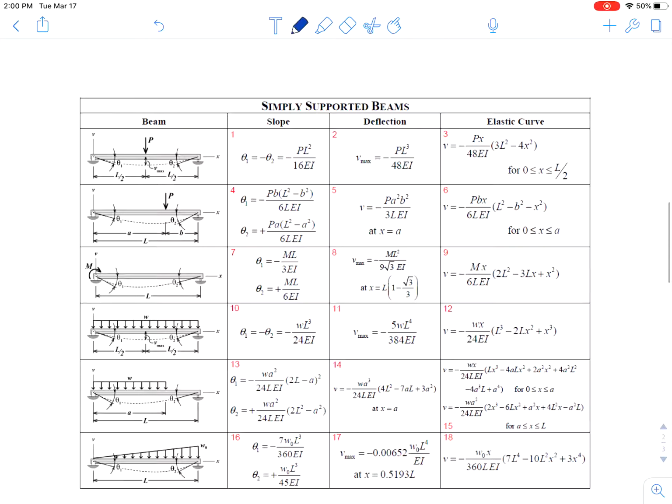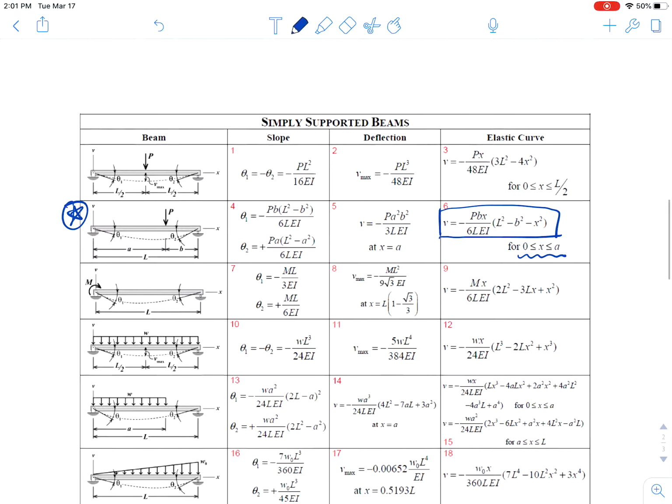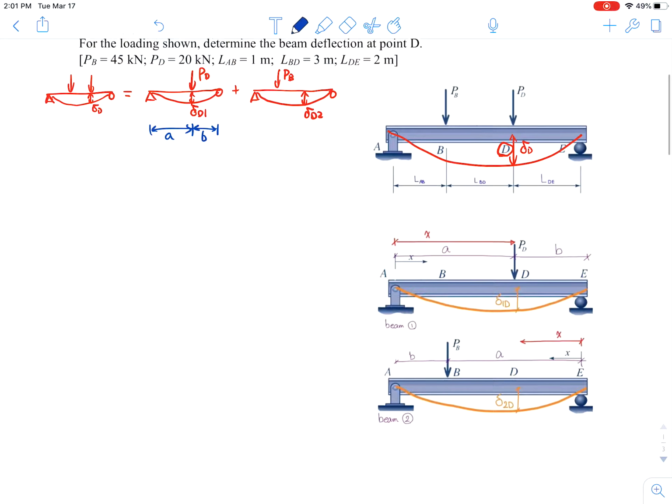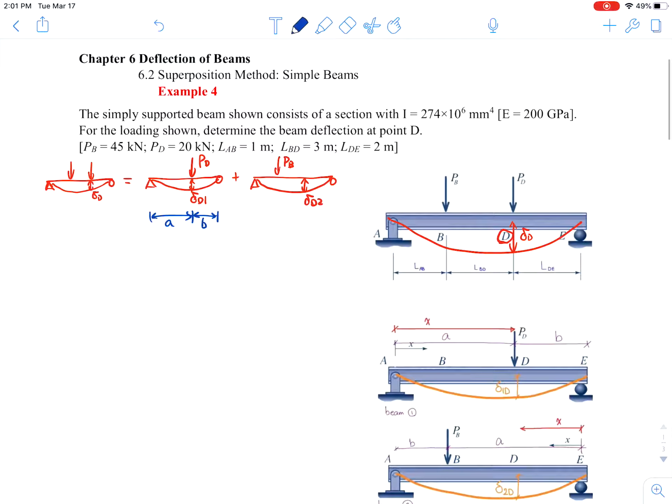The case is right here, so the equation we use will be this one, equation 6. But just keep in mind that equation 6 can only be applied to this range, x from 0 to a.